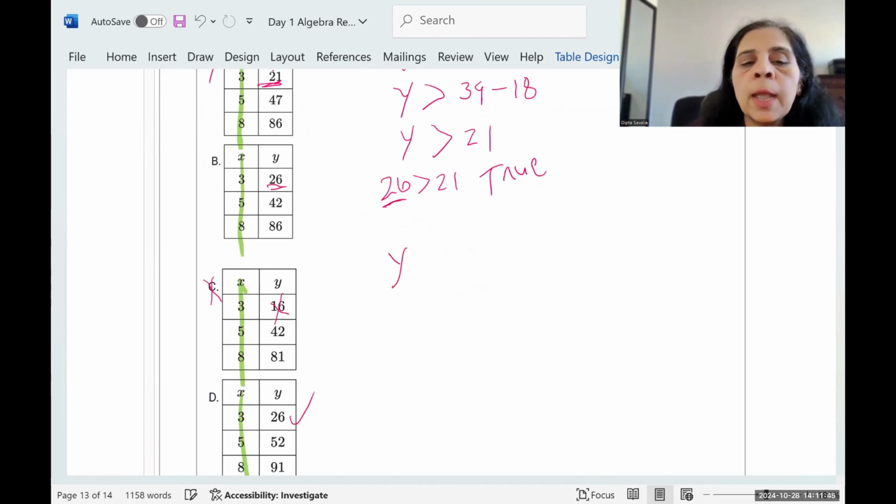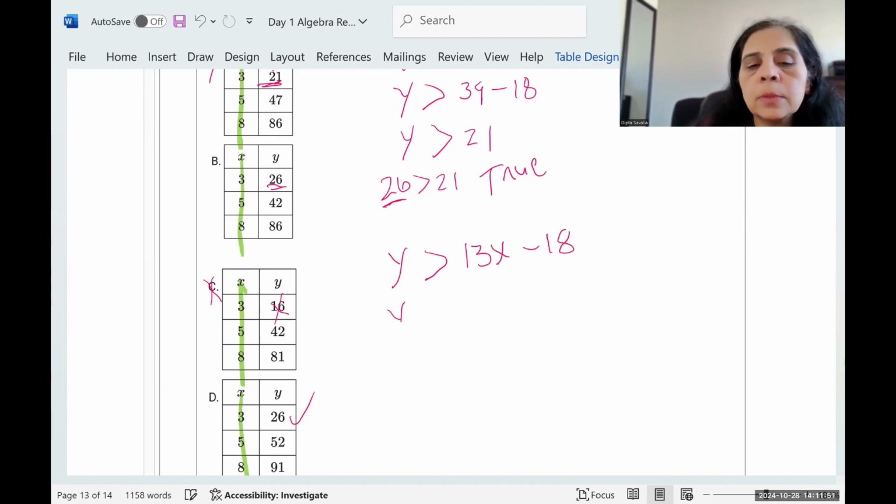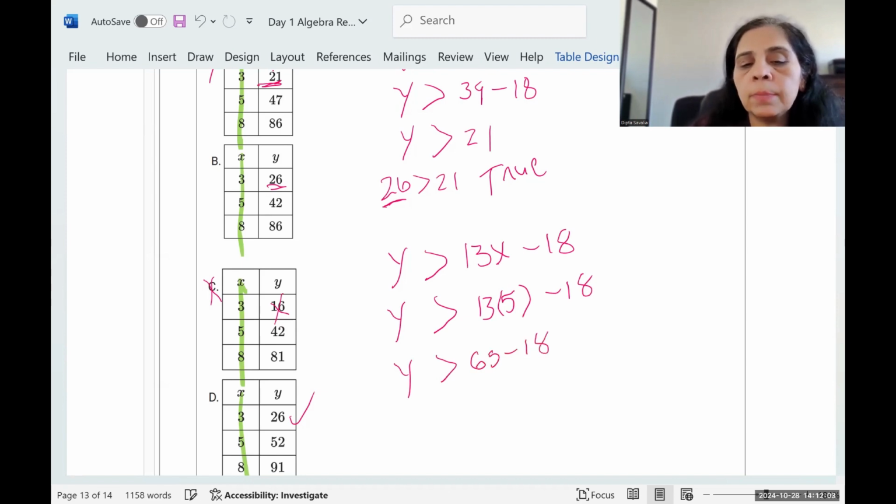So we have y greater than 13x minus 18. So y greater than 13, we will plug in the second point, which is 5. So 13 times 5 is 65 minus 18.